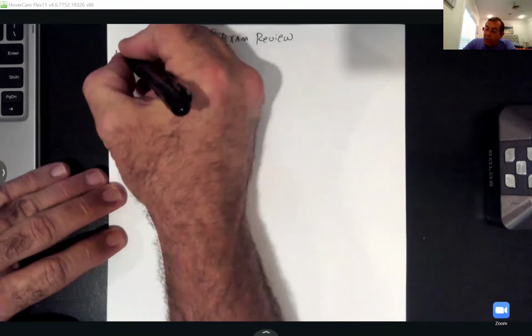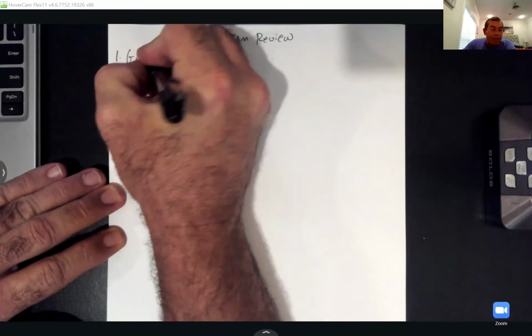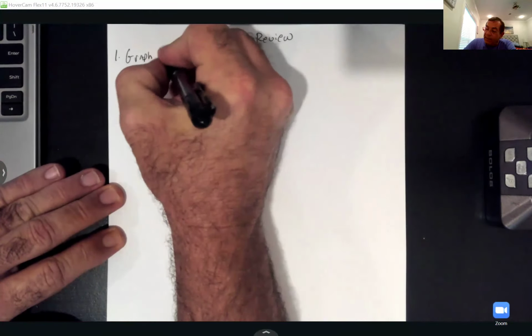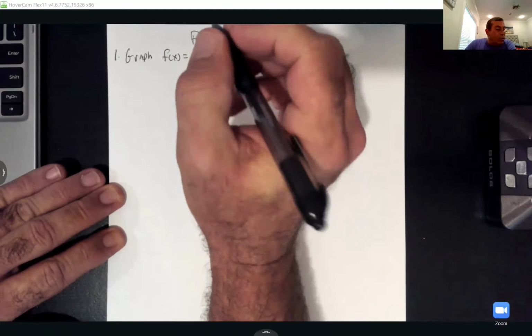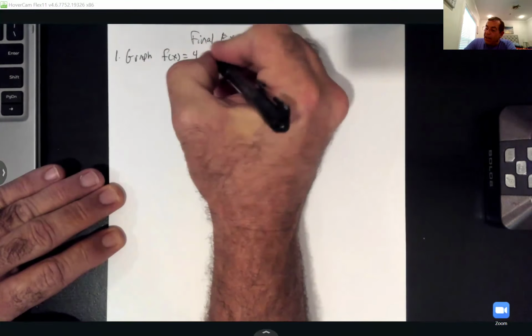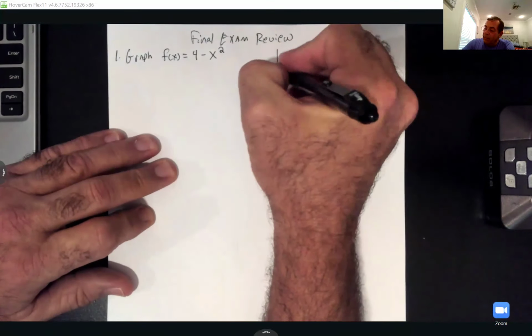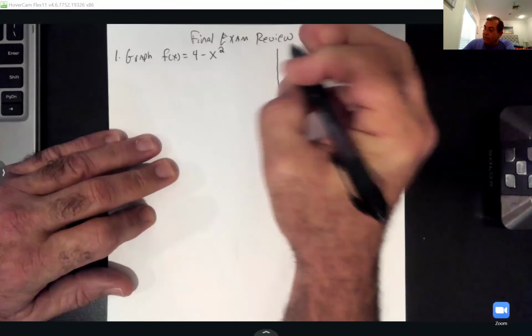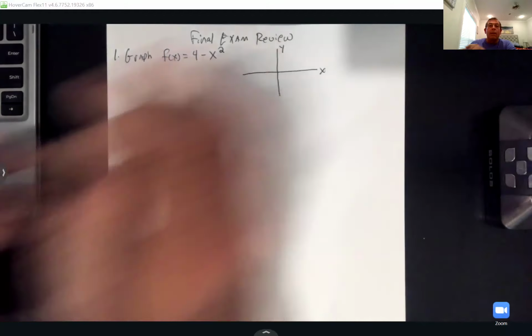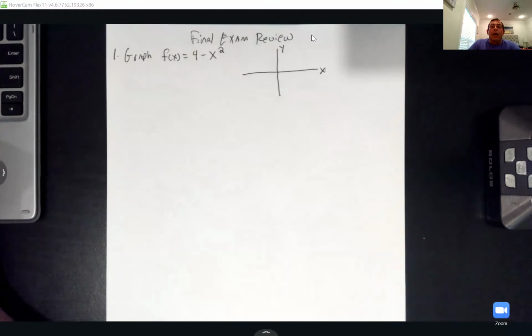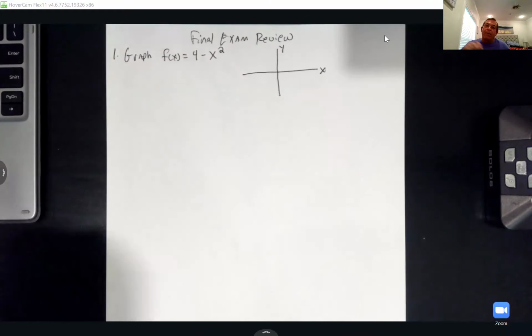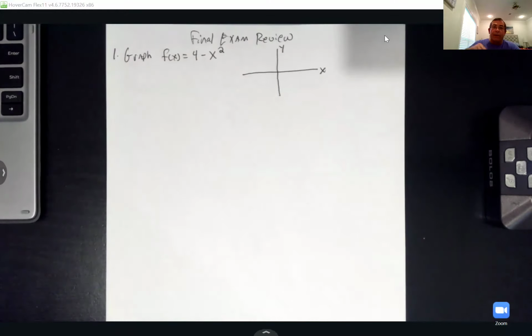So for number one, they want us to graph f of x equals 4 minus x squared. I'm just going to graph it on my calculator, see what that graph looks like, and then you would have picked out, from the 4 pictures, the one that looks like our graph, okay?